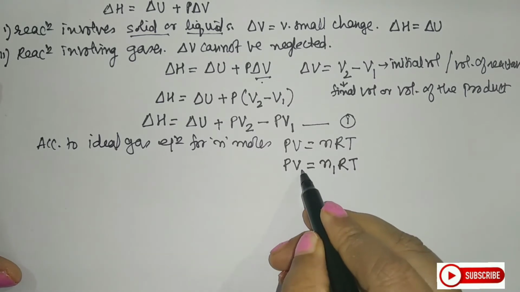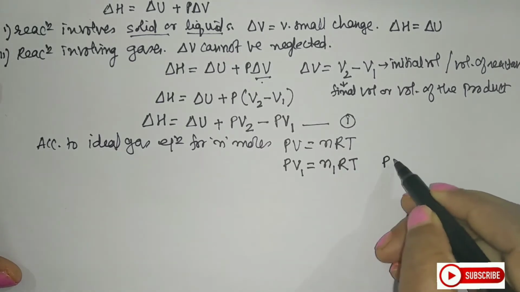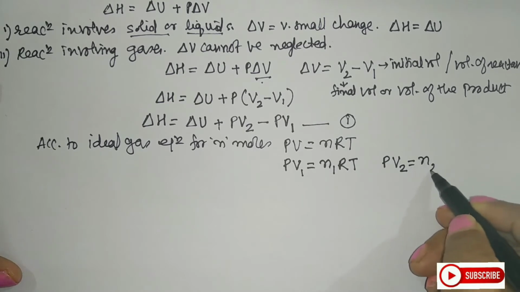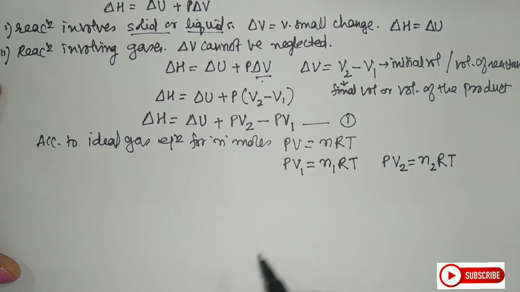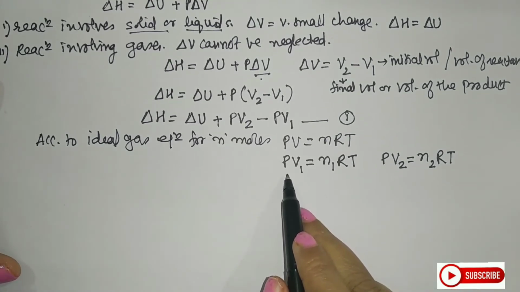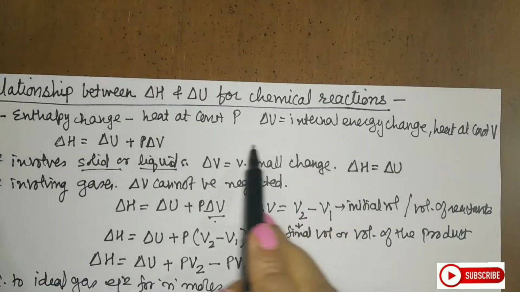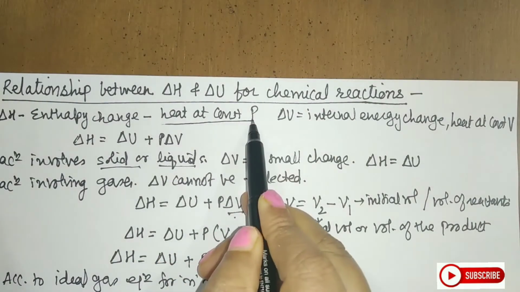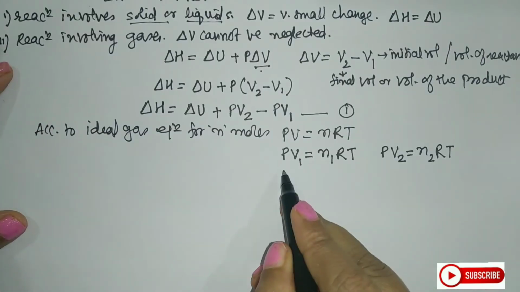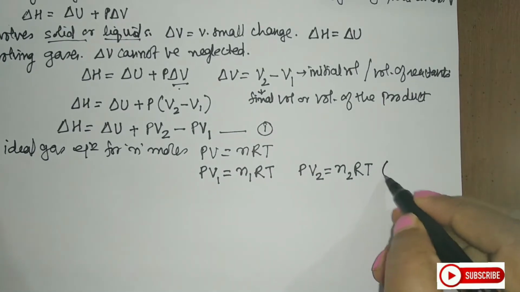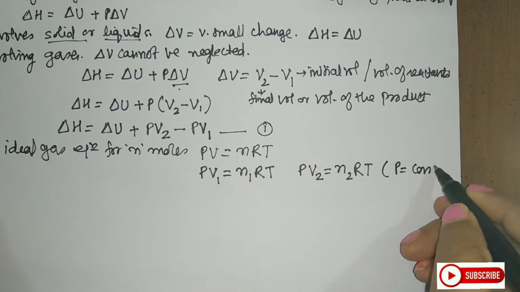And PV2 is equal to N2 RT. Now why did we keep the pressure constant? Because enthalpy is the heat at constant pressure, and so you have to keep the pressure constant. So let us write here pressure remains constant.